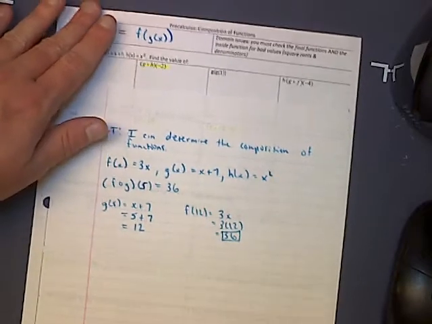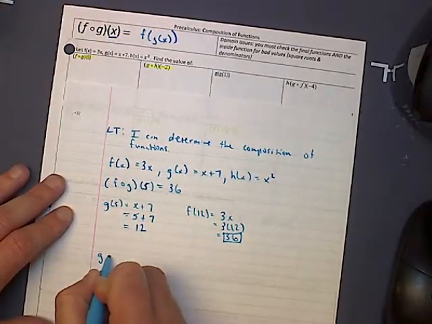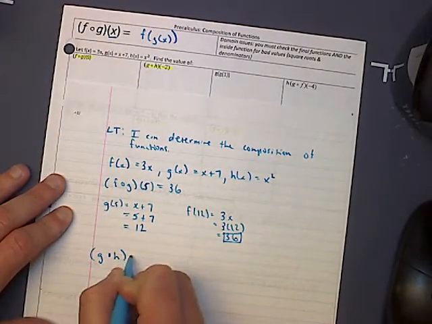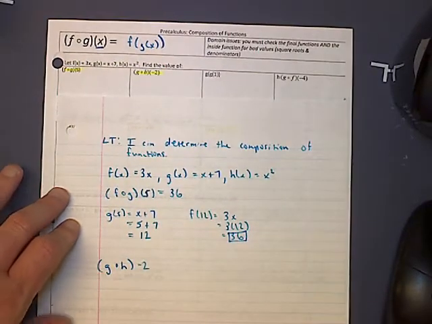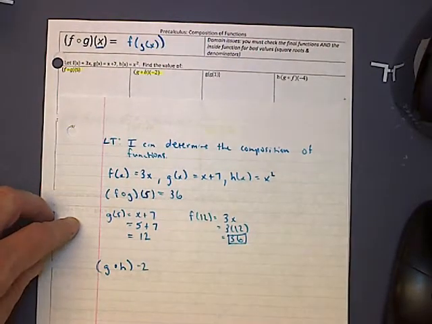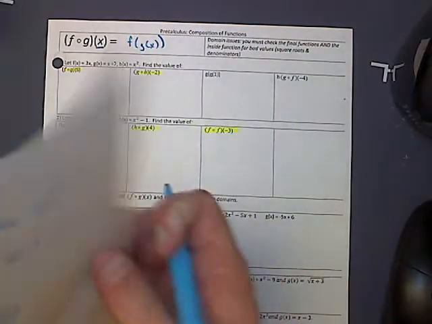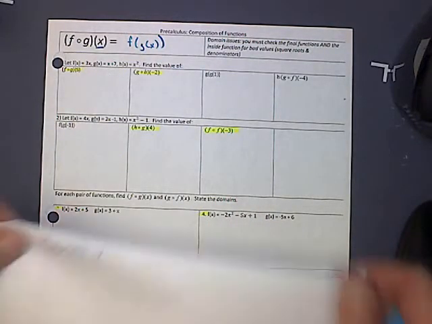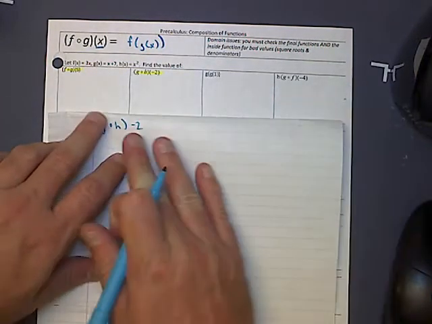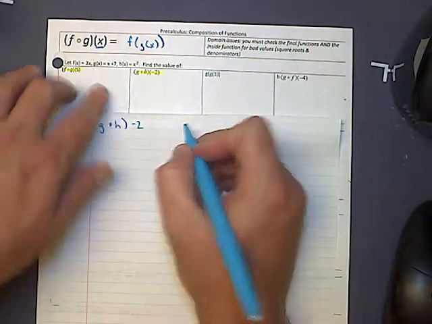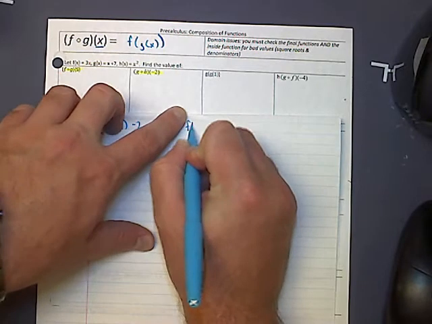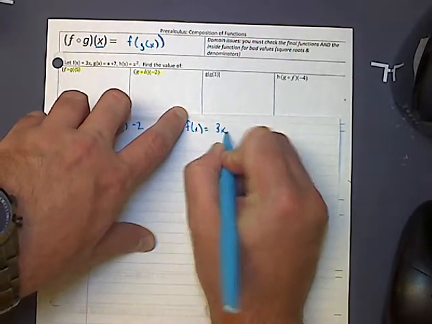Okay, I'm going to do the next one. G of h of negative 2. My f function is 3x.